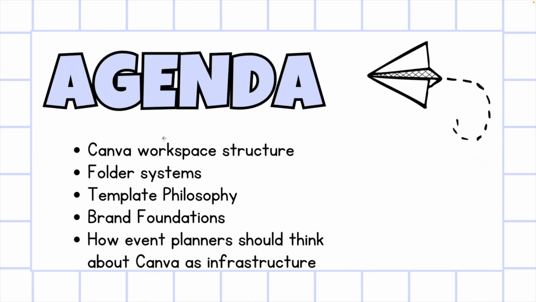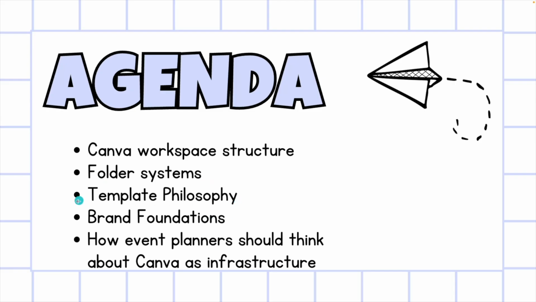But today, first up, we'll talk about the Canva workspace structure, and then we'll be discussing folder systems and how important this is in regards to organization, because any business owner knows how important organization is, and that's especially true as event planners. And Canva can help tremendously with that, right? And then we're going to look at the template philosophy, which I'll explain later in the class.